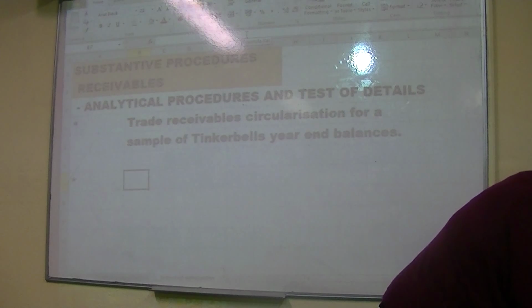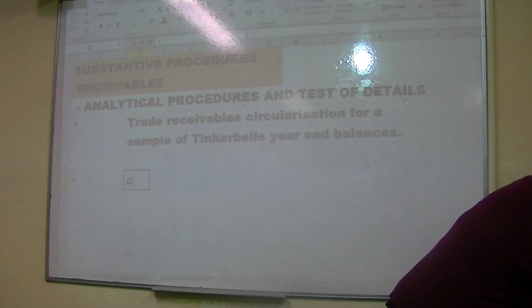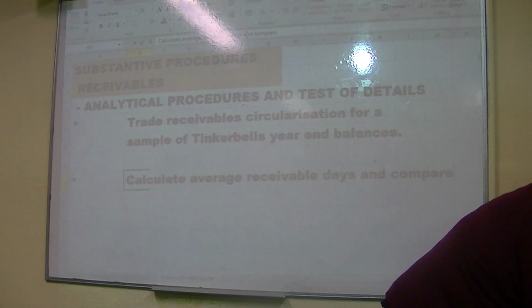Okay, an analytical procedure we could do would be to calculate average receivable days and compare to prior year, and investigate significant differences.